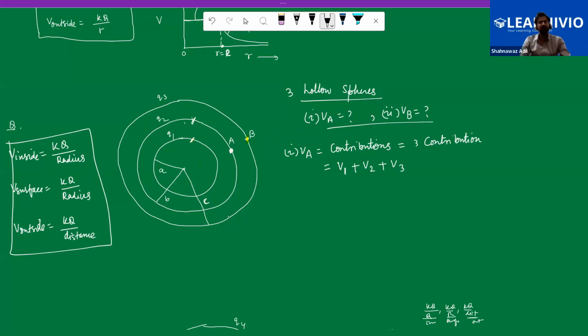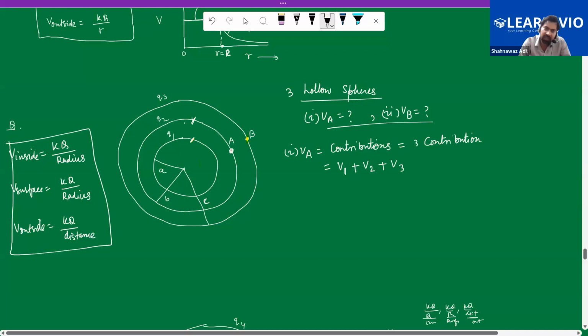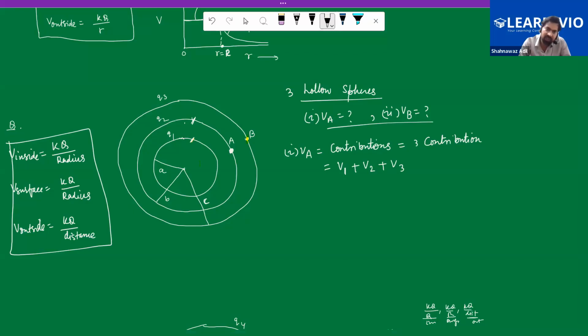Is it clear to you? Yes, sir. So there are three contributions. I'm calculating the potential at this point. One contribution is coming from this smaller sphere, the other contribution due to this sphere, and the other due to the biggest sphere.